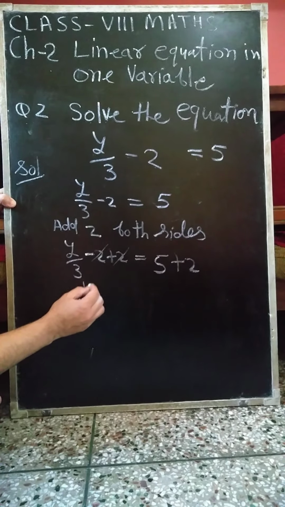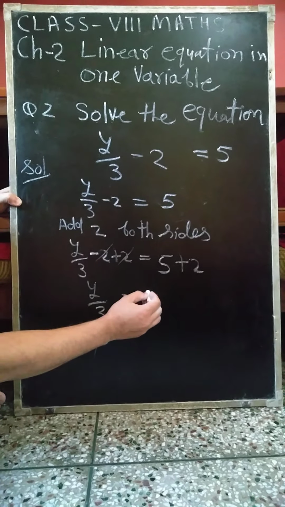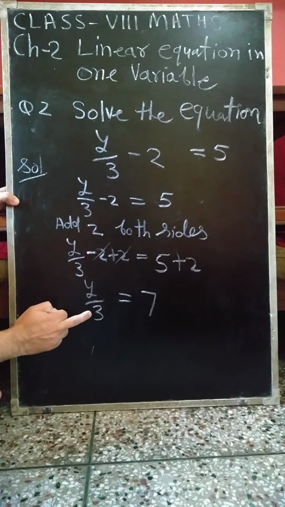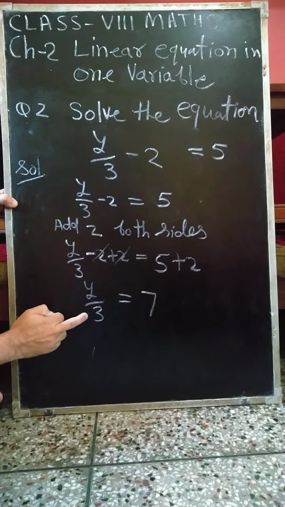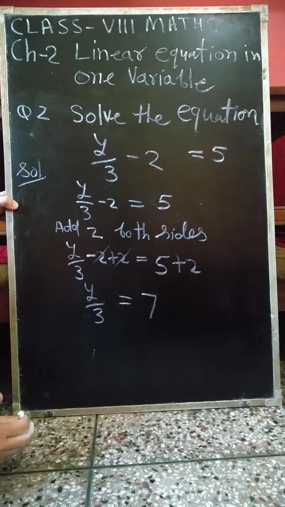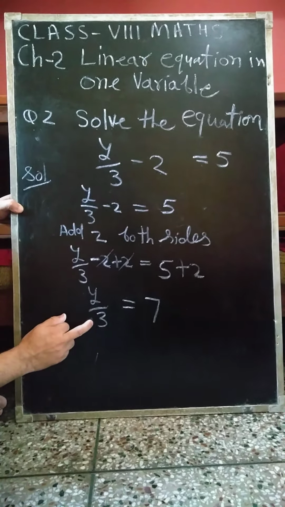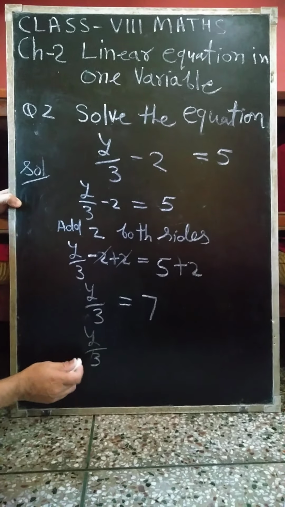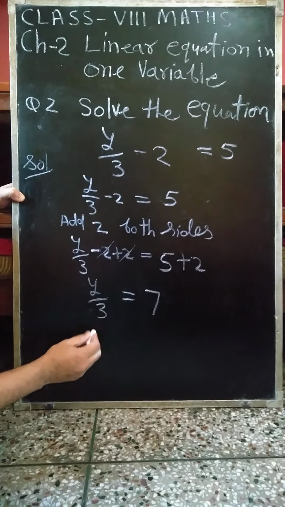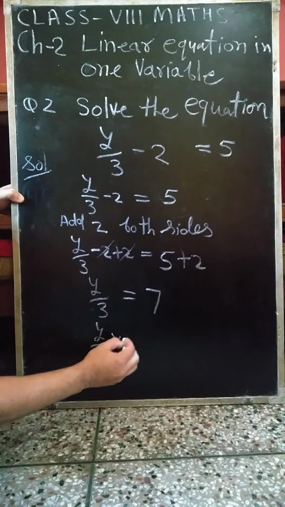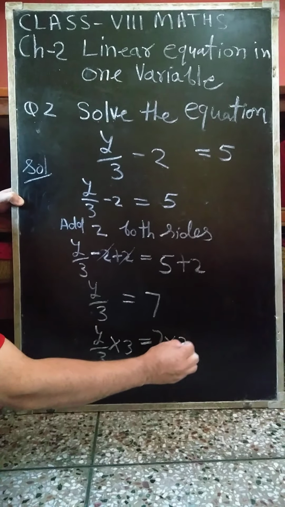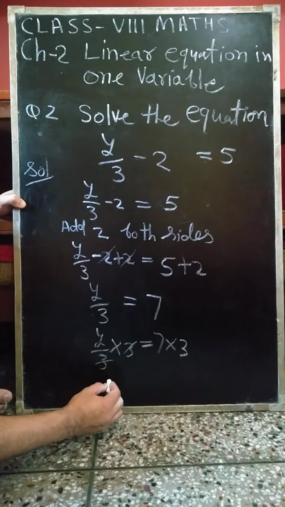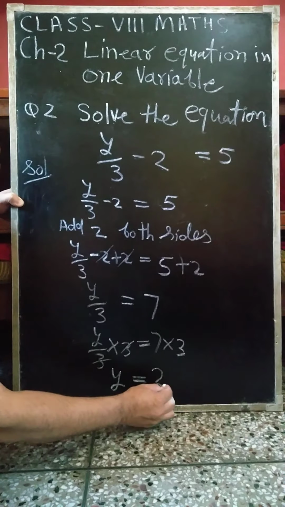It cancels, y upon 3 equal to 7. Now students, 3 is in division with the variable, so we multiply 3 on both sides, because 3 is in division, so we multiply both sides by 3. y upon 3 into 3 equals 7 into 3. 3 cancels, y equal to 21.